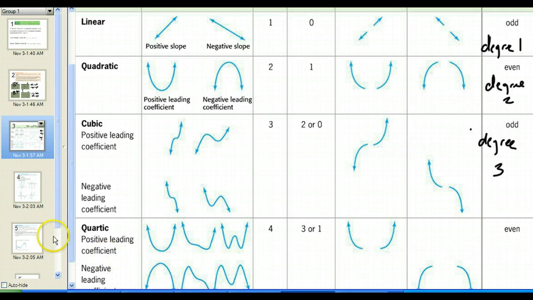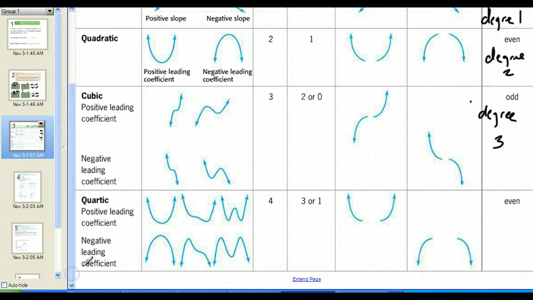Then quartics again. Quartics, in between the ends, can have just a single slow turn back up. It can have a couple of subtle turns, so there's a first, a second, and a third subtle turn, or it can have 3 very drastic turns.